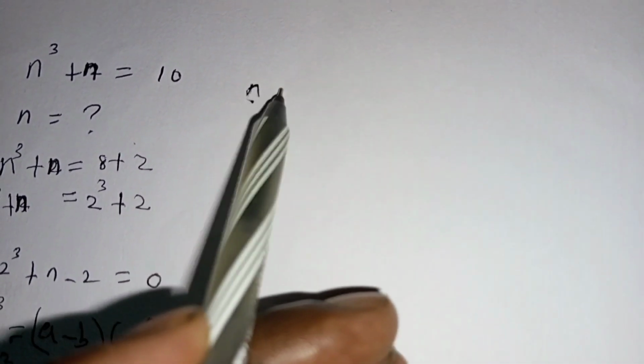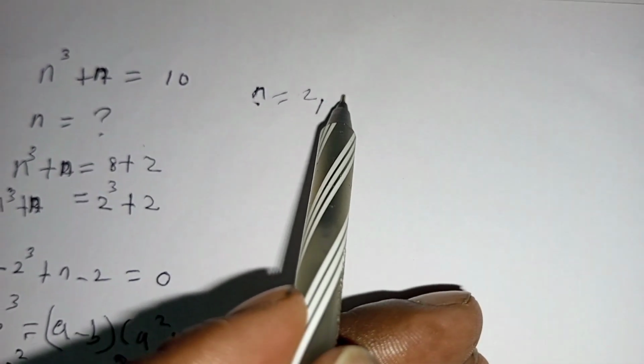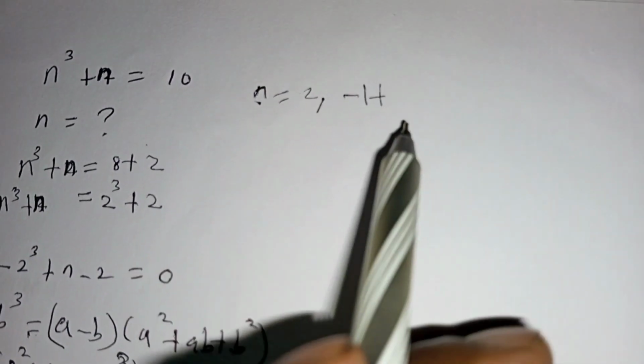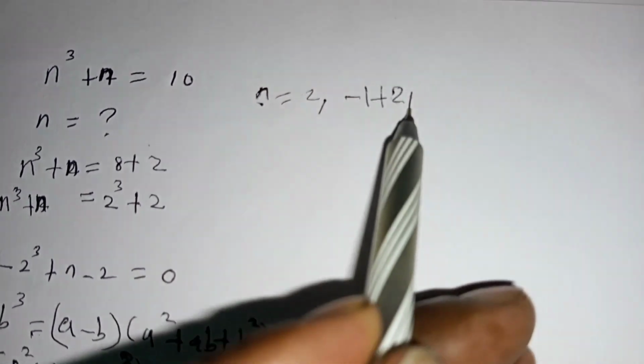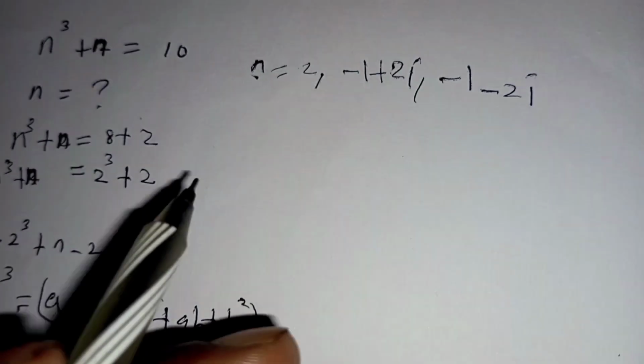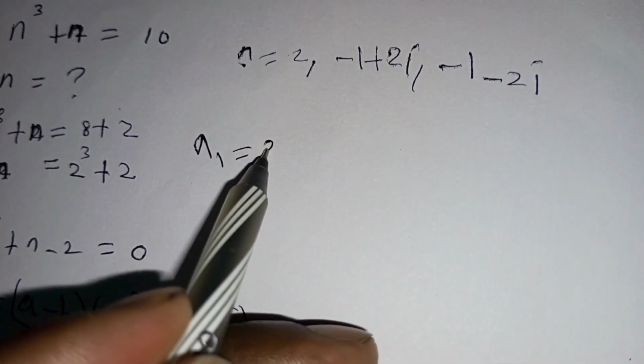So the possible values of our n: n is equal to 2. We also have negative 1 plus 2i. We also have negative 1 minus 2i. So there are 3 possibilities here. n1 is equal to 2.